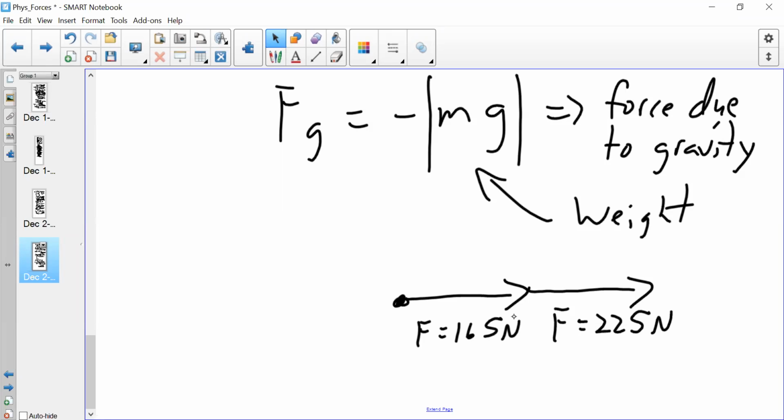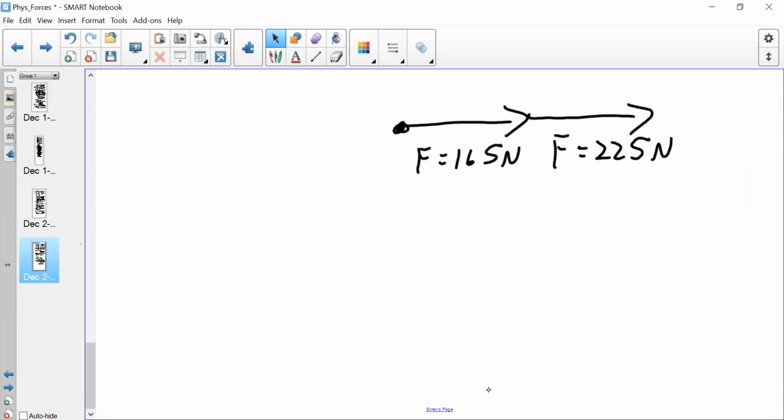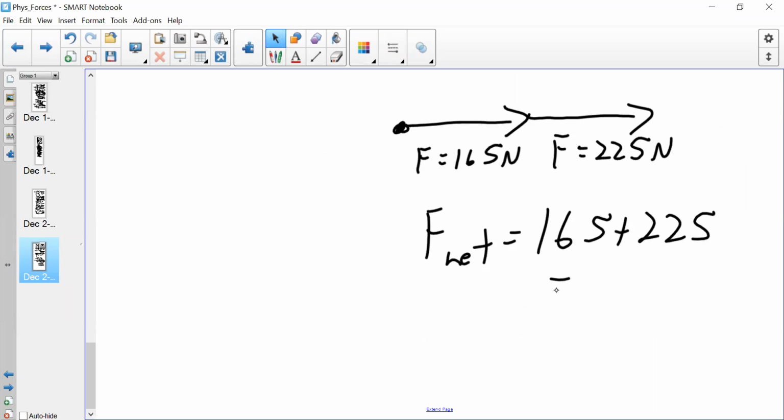What's the answer? 390. Yes, we just add them up. Same direction, simple. 390 newtons. Remember, force is measured in newtons.